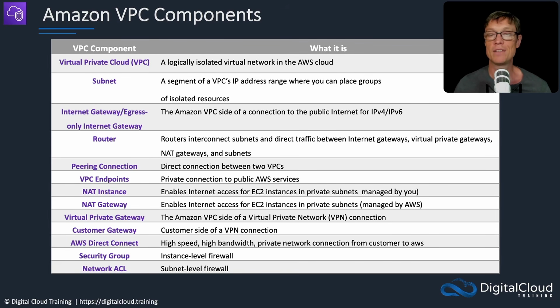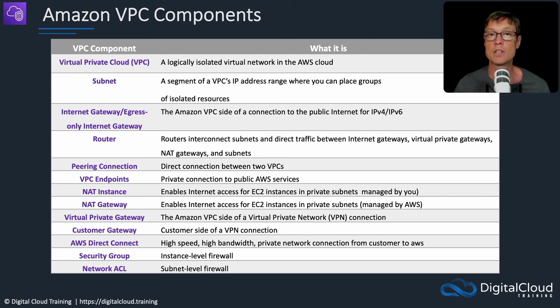Now, NAT instances and gateways, we covered these earlier in the course. These are both ways that you can enable internet connectivity outbound only for your instances in private subnets. The next 2 components, the virtual private gateway and the customer gateway, are both related to creating virtual private network (VPN) connections to our company offices or our company data centers.